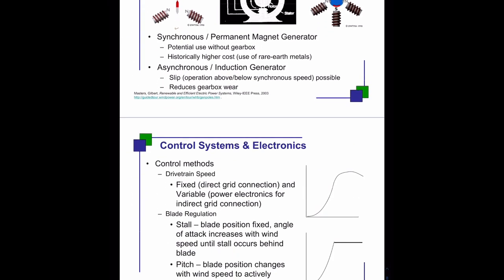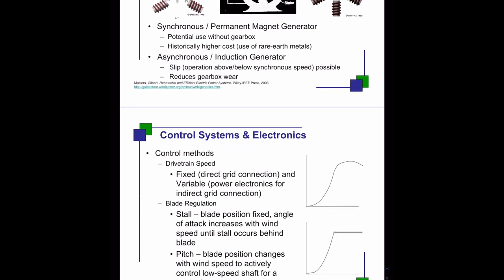We have the control systems and electronics. We have the drivetrain speed, it's fixed, direct grid connections and variable power electronics for indirect grid connection. Blade regulation: stall, blade position fixed, angle of attack increases with wind speed until stall occurs behind blade.